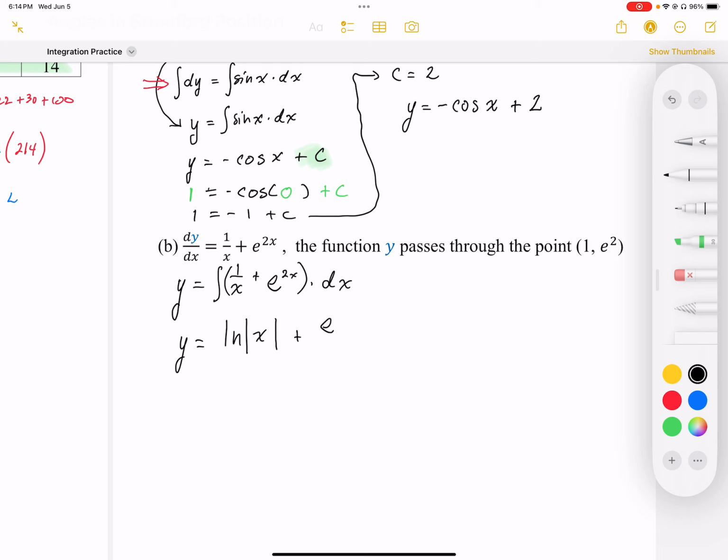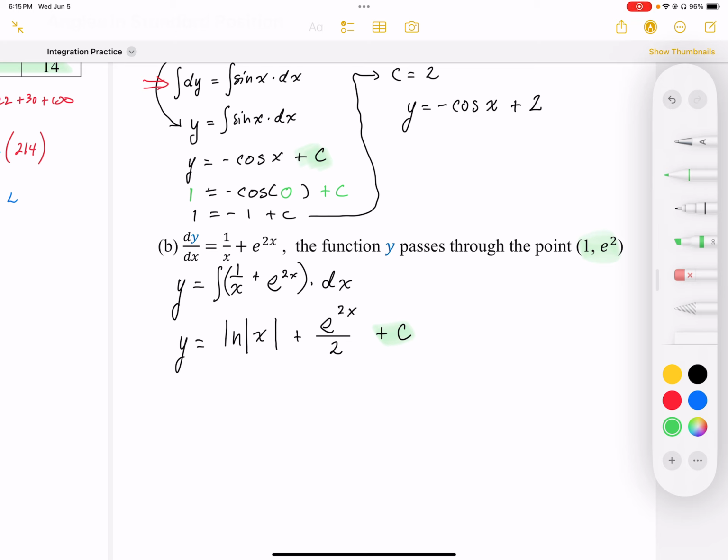Here I'm going to anti-differentiate e to the 2x, which becomes e to the 2x, but because of that extra times 2, I need to remember to divide by 2, and then I have to remember that there is a plus c involved in here. And that plus c is going to be solved for if I have a point. In this case I do. I've got a point, an x and y coordinate, so that's going to allow me to solve for the plus c.